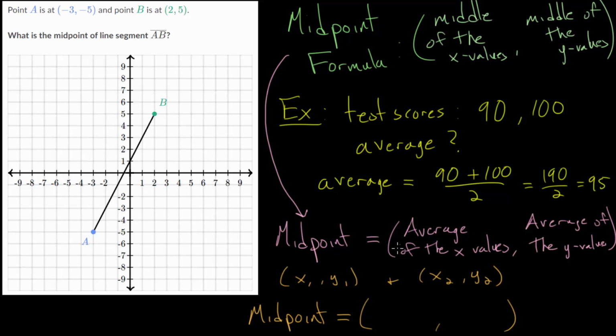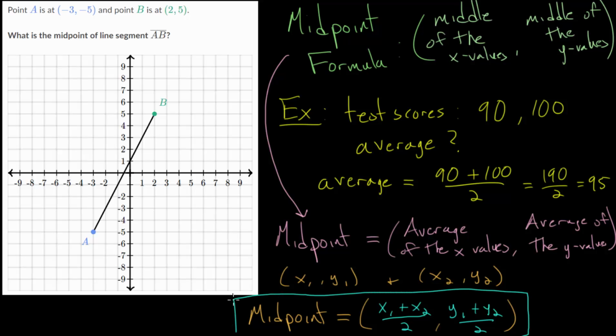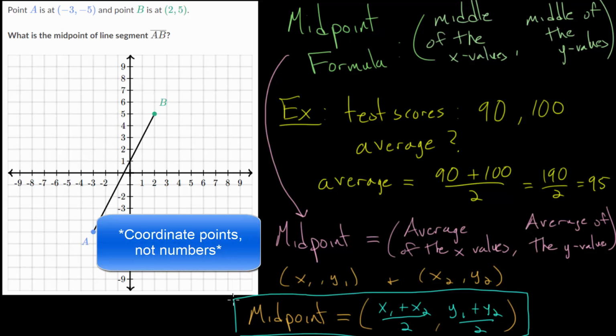And remember, when you find the average, you add the two numbers together and divide by 2. So we would take our first x-coordinate, add it to our second one, so x1 plus x2, and then divide that by 2, or cut it in half. And likewise, for the y values, we would take the first one plus the second one, and then divide that by 2. So this is our formula for finding the midpoint of any two points on the coordinate plane.